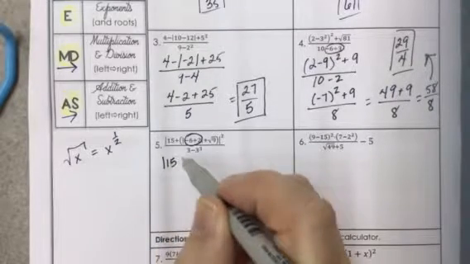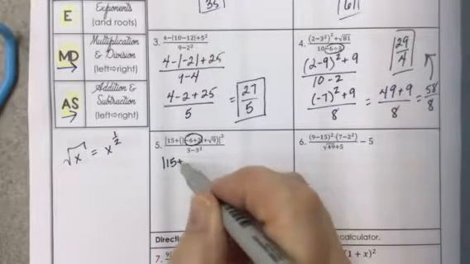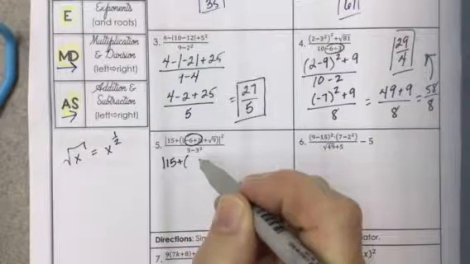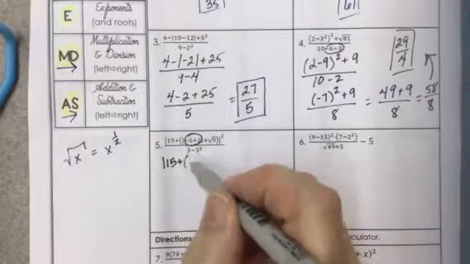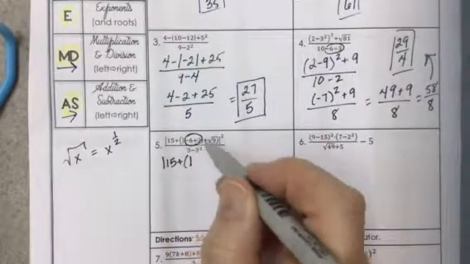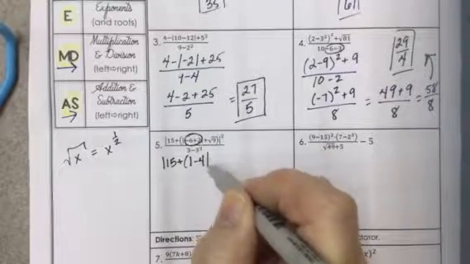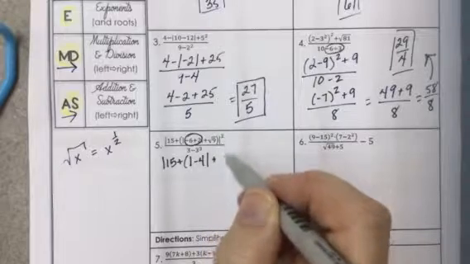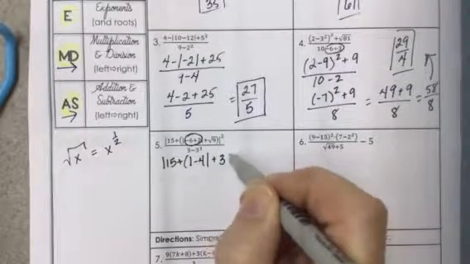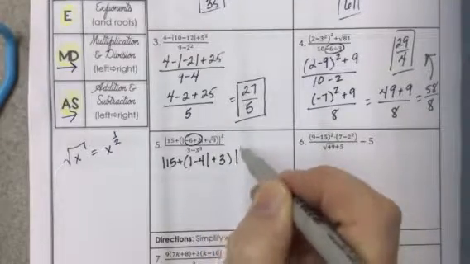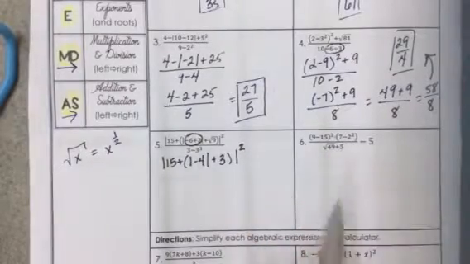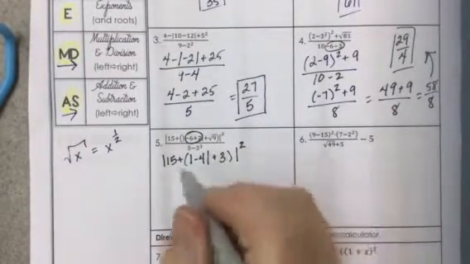So I've got the absolute value 15 plus, and then I'll go ahead and open with the parentheses and then take the absolute value of -6 plus 2. That's -4. Go ahead and take the square root of 9 is 3. Close the parentheses, close the absolute value bars and square.